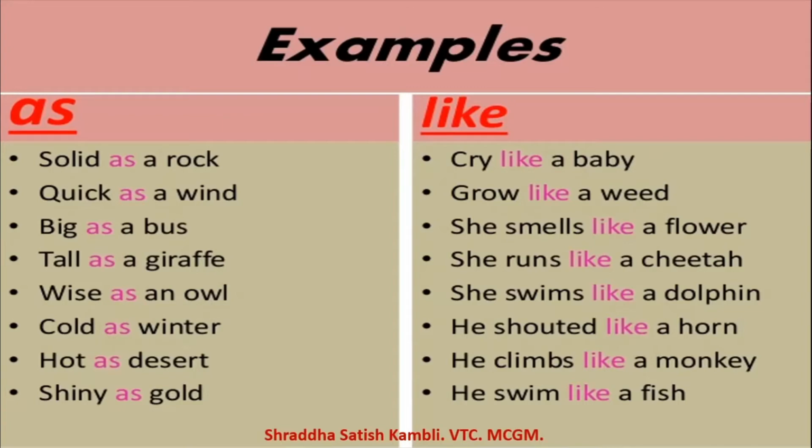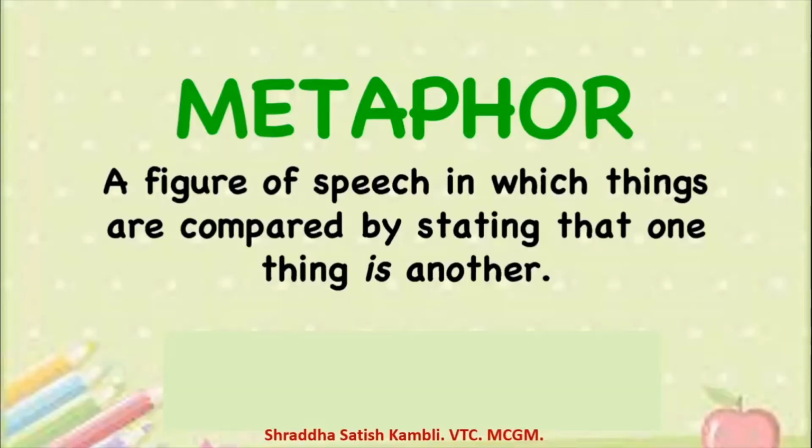Here we are comparing two things using the word as and the word like. When such lines come up in your poem, you can say that they are examples of the figure of speech simile.